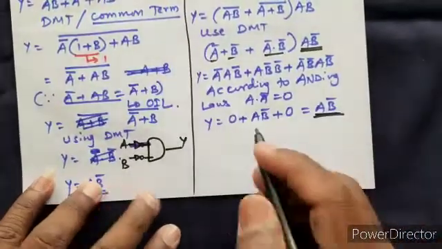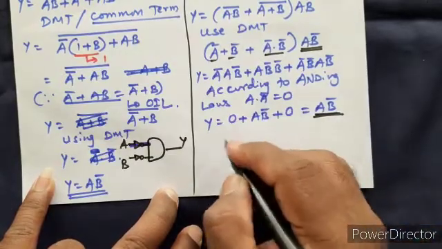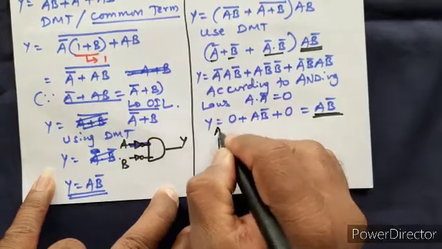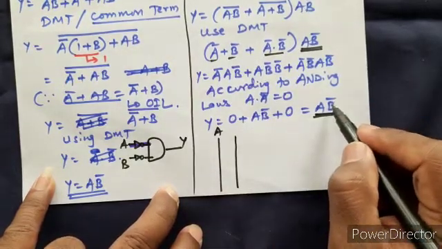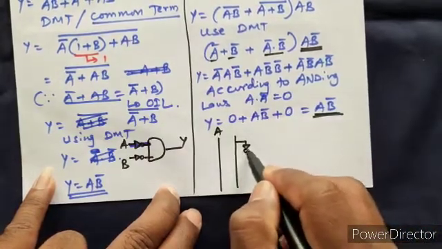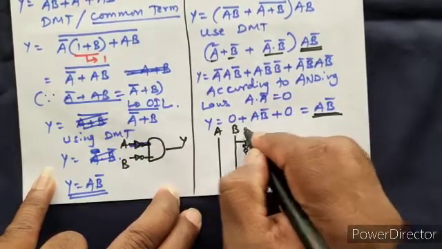Now here I can have different methods. So I'll see how many inputs I have, I'll draw that many lines. So I have this A, right, and I have this B. Now if you see in the equation we have B bar, right? So this B, and if I simply apply this NOT gate, right, so this is B and this is B bar.